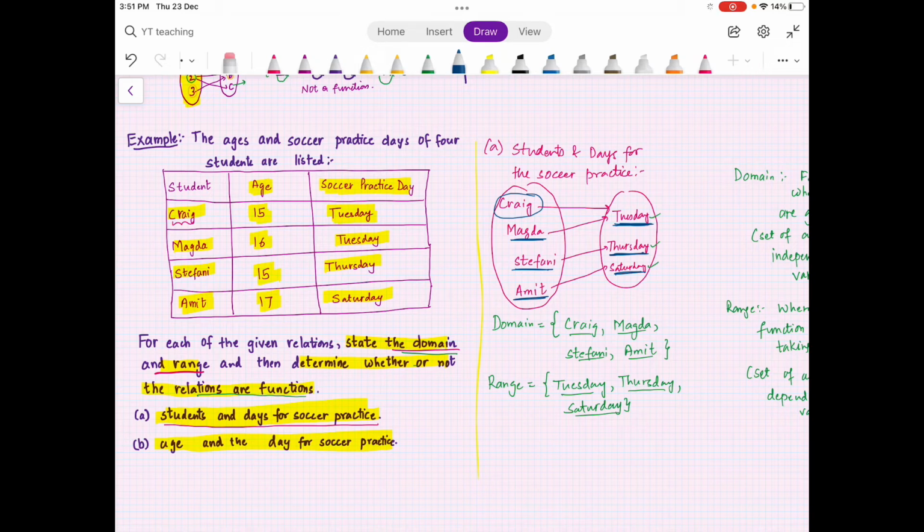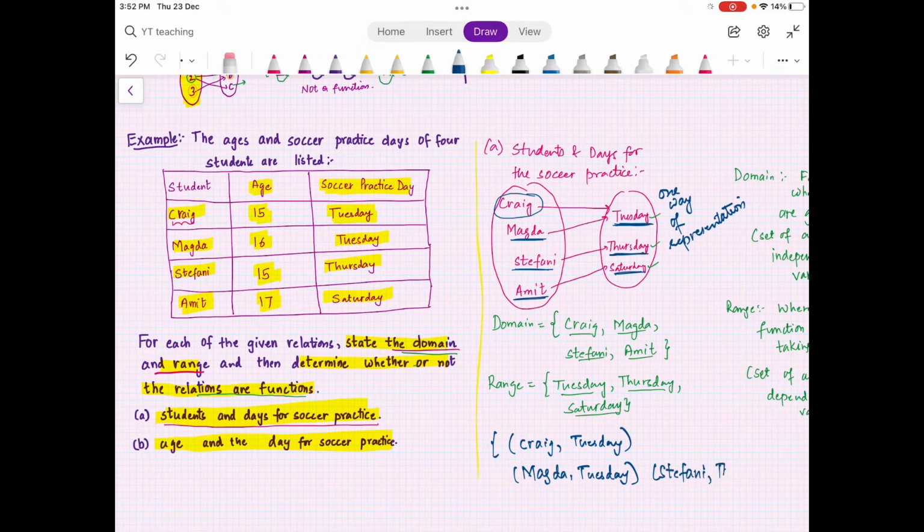So we can write it like this, that the function is, this is one way of representing your function. Another way is that you can write the ordered pairs. For example, I can write Craig and Tuesday, and then I have Magda and Tuesday, and then I have Stephanie and Thursday, and then I have Amit and Saturday.